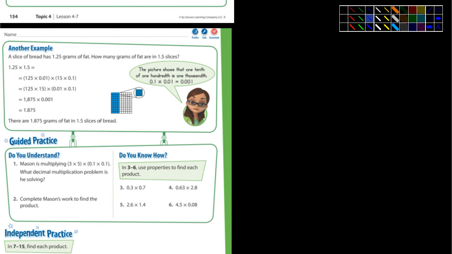So let's see here. Mason is multiplying. Look at that, Mason. 3 times 5 times 0.1 times 0.1. What decimal multiplication problem is he solving? Okay. So, yeah, let's see here.